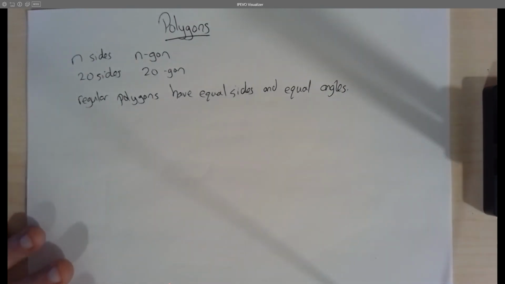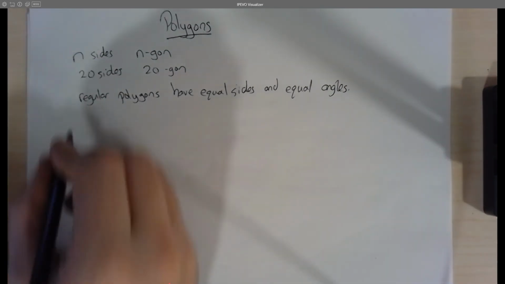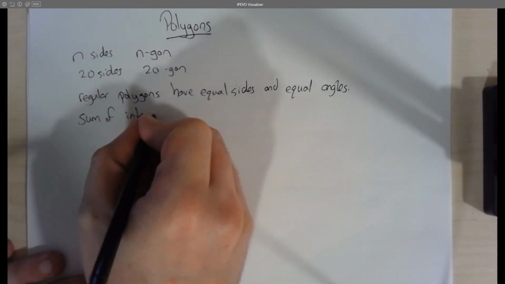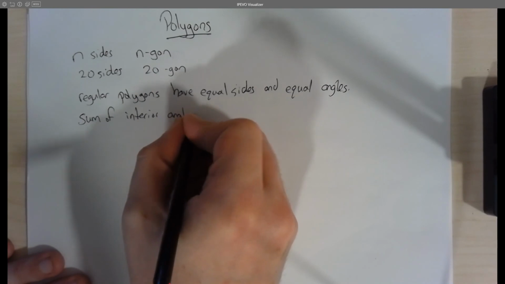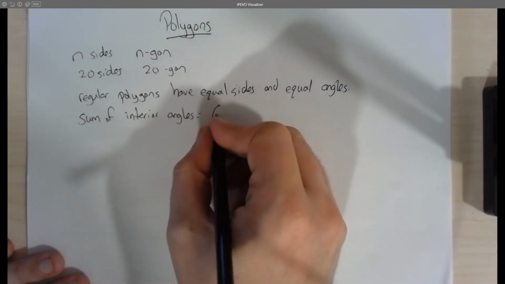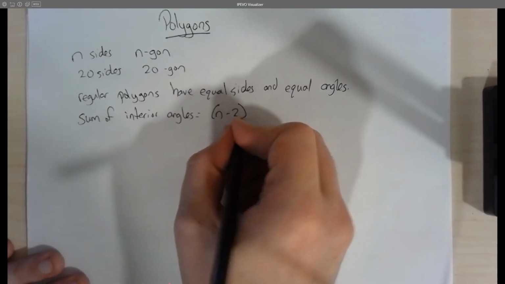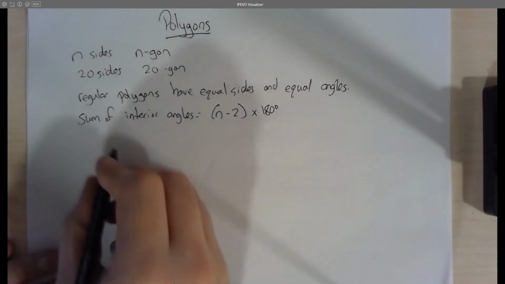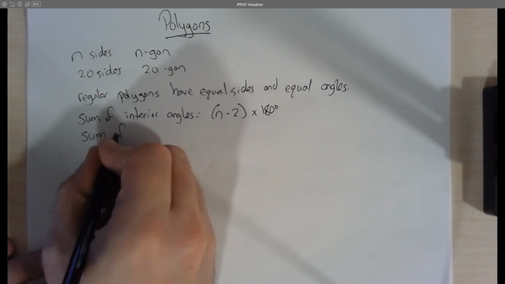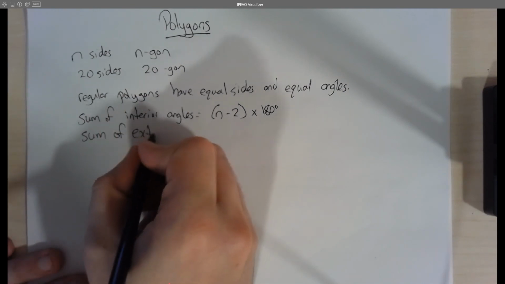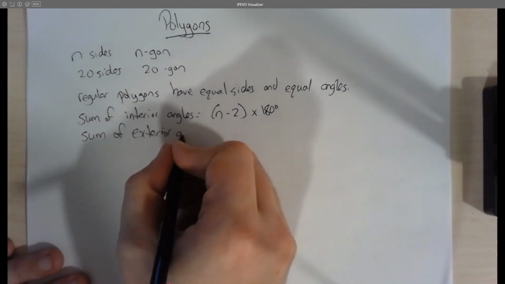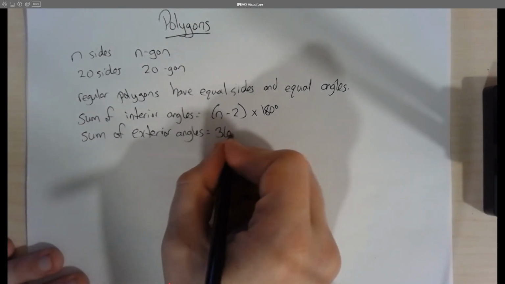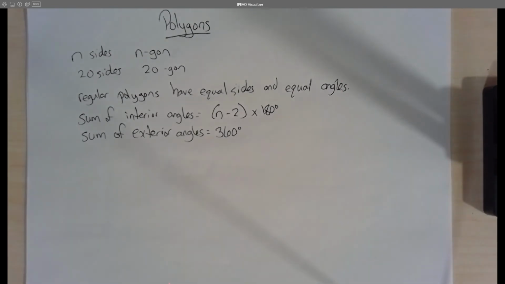We also talked about how the sum of interior angles equals n, the number of sides, minus 2, times 180 degrees. And the sum of exterior angles, doesn't matter how many sides there are, equals 360 degrees.